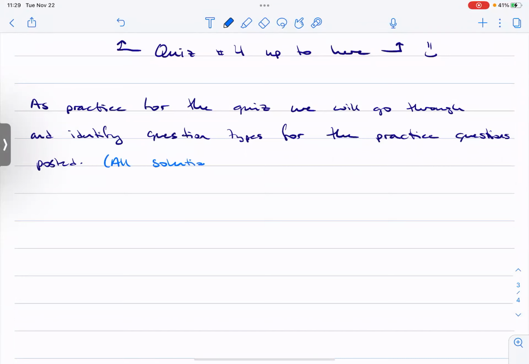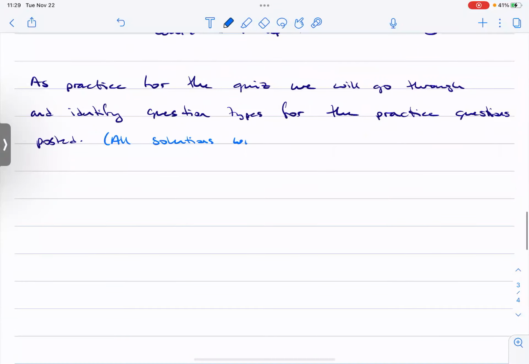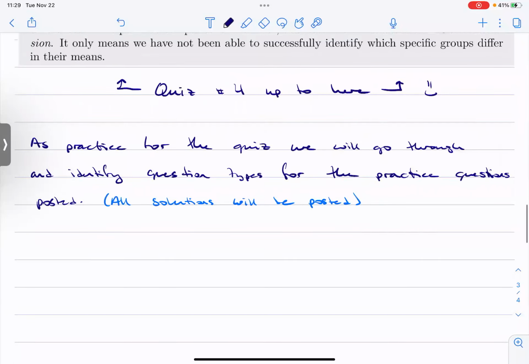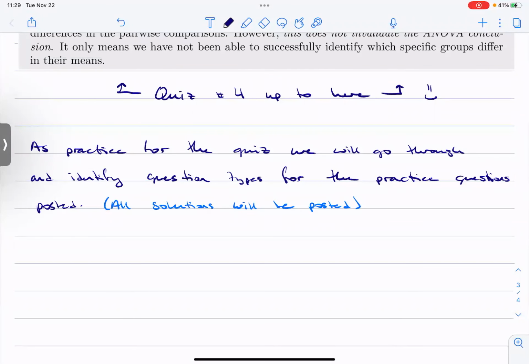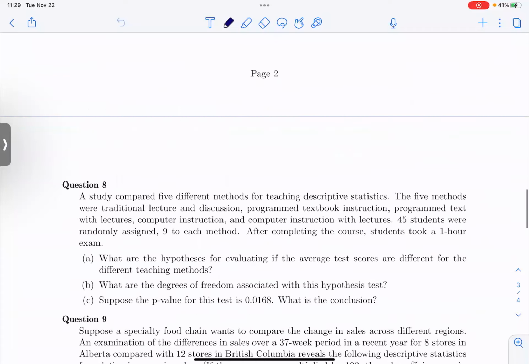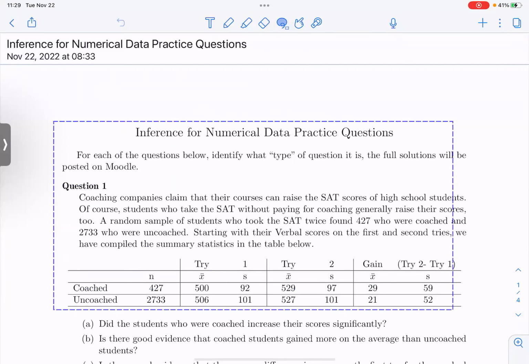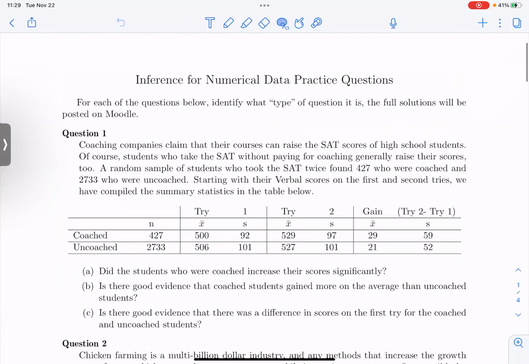All solutions will be posted, but I didn't want to post them in advance, kind of defeat the purpose. So we're not going to do all of these together. I will kind of let you go through them on your own.